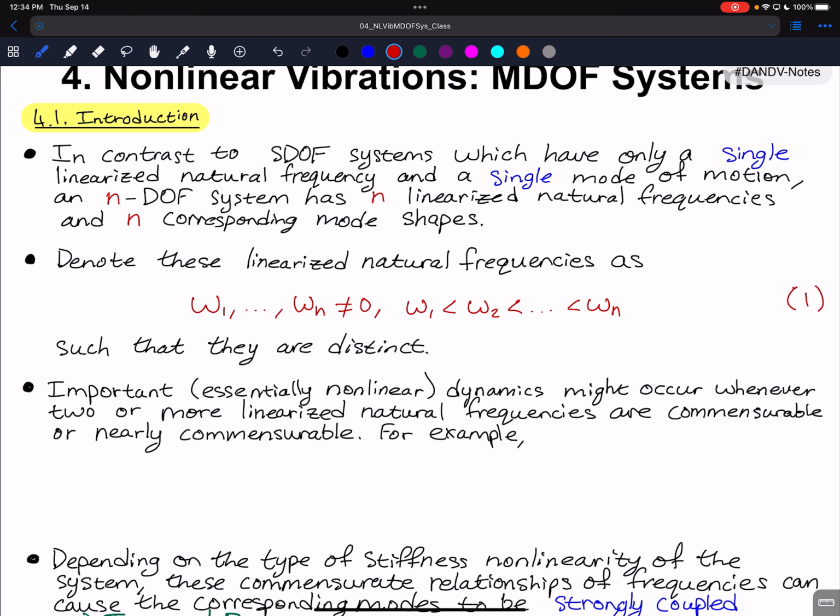So none of the natural frequencies here are equal to each other. That's what we're assuming. In cases where they would be equal to each other, you can show cases like a one-to-one resonance between modes. We're not going to do that, but you could show things like that.